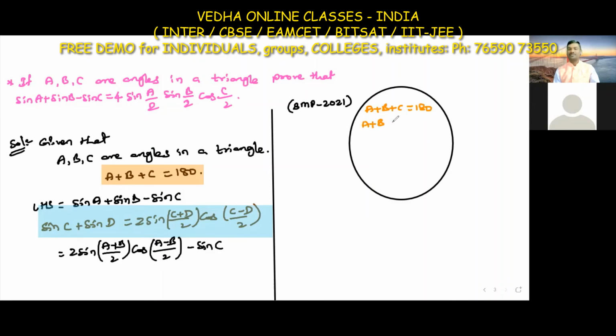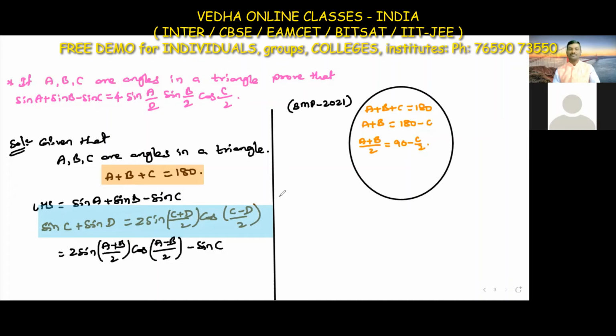Then A plus B is equal to 180 minus C. If you want (A plus B) by 2, dividing by 2 on both sides, (A plus B) by 2 is equal to 180 by 2, which is 90, so 90 minus C by 2.